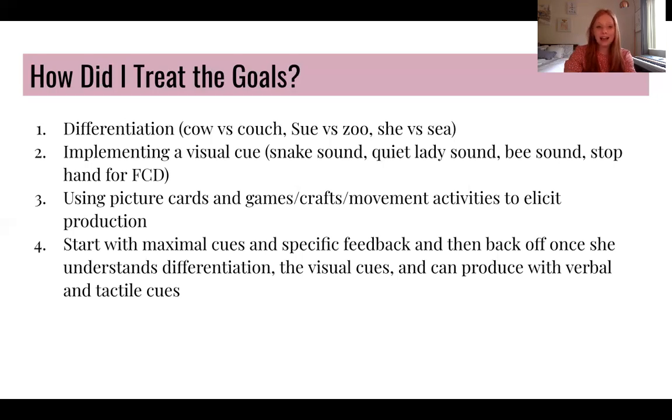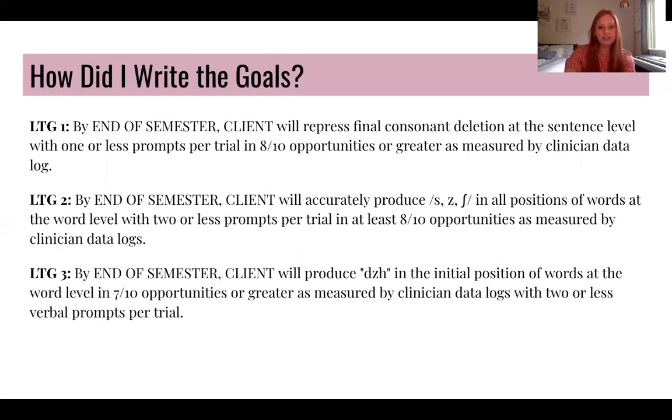If we go back a little bit, you can see that all of those activities work towards her goals. So for final consonant deletion at the sentence level, we would play a game, like a matching game, and she would have to put it into a sentence. If she messed up, I would say this.